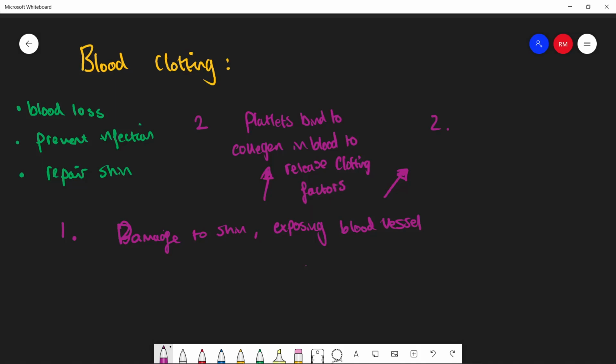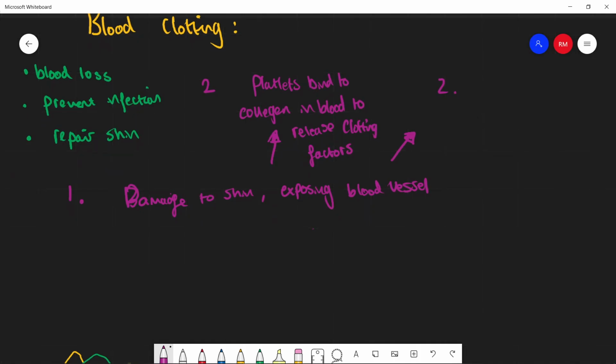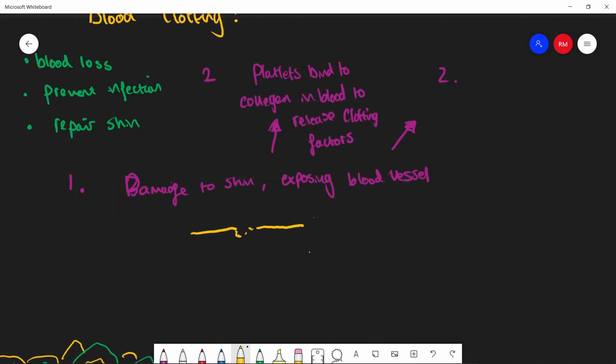Looking back at this, it's probably a better idea if I drew it all out to make it more visually pleasing. So I'll draw little diagrams for each of them. Here we have some damage to the skin. This is the skin here, and we had a little vein running by here, and this has been exposed, and it's now bleeding out.